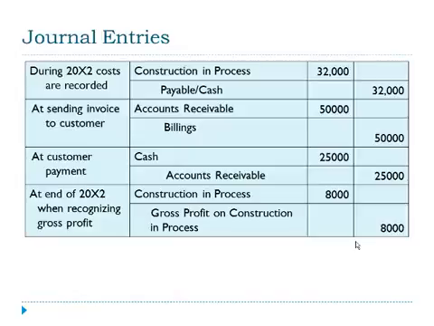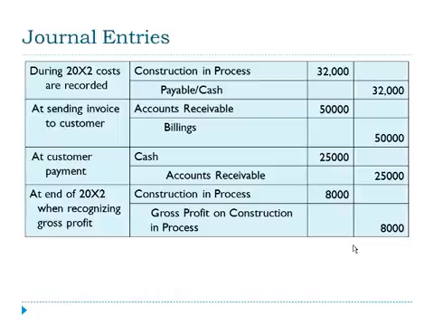When the costs are recorded, they increase the inventory account and represent a cash outflow or perhaps a trade payable. When we send the invoice to the customer, it creates an accounts receivable, but the other side of the account is called billings. That's that contra construction in process account that we talked about many slides ago now.